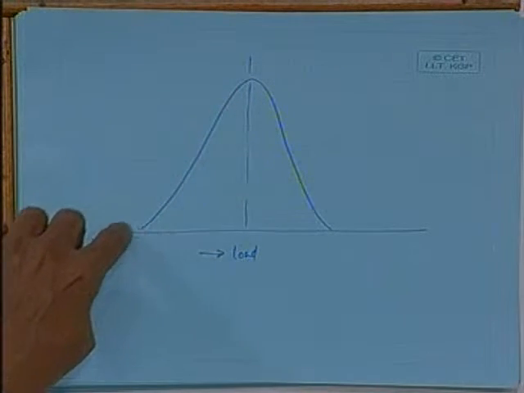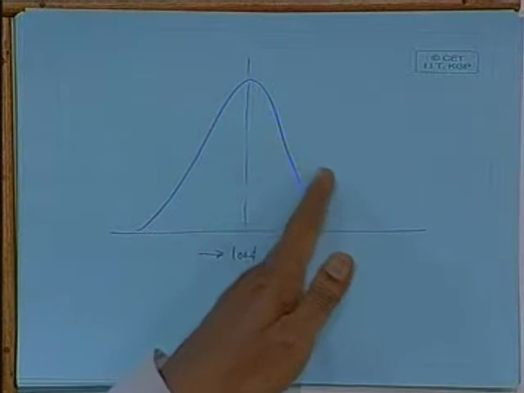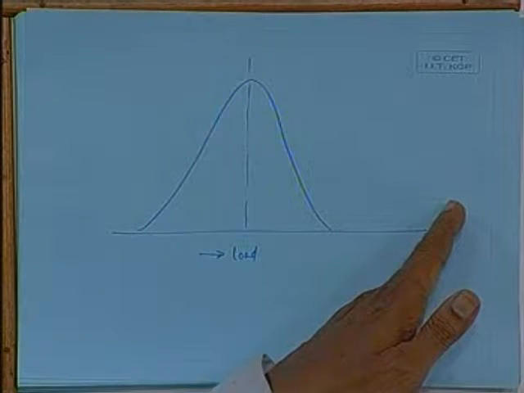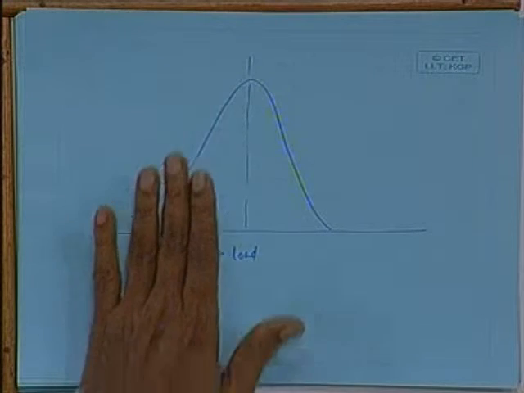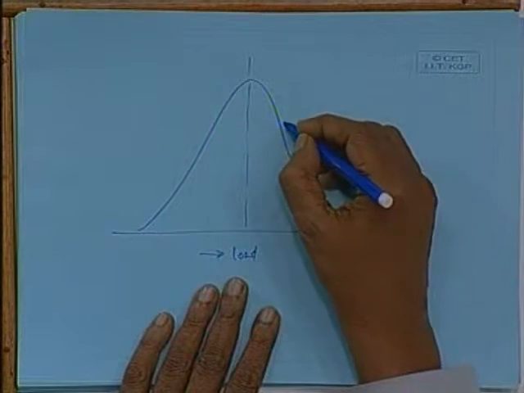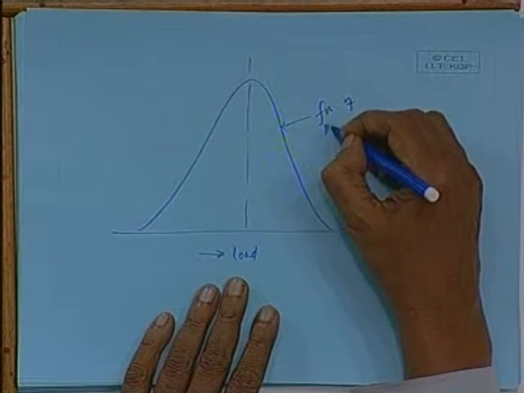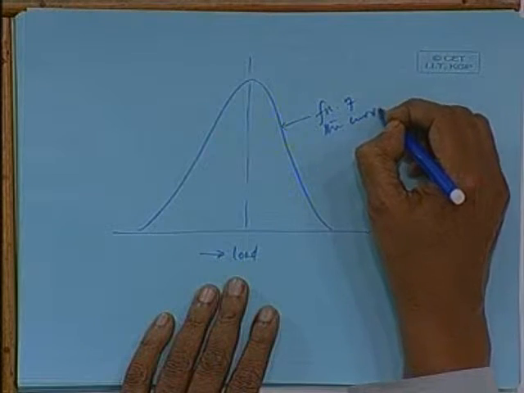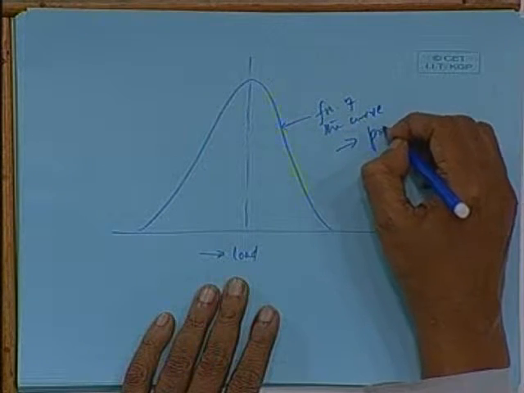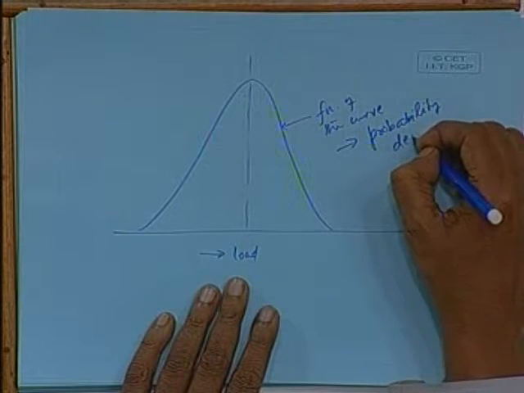And the loads will be less than that in a large number of cases and also more than that in a large number of cases. The function of this curve is called the probability density function.